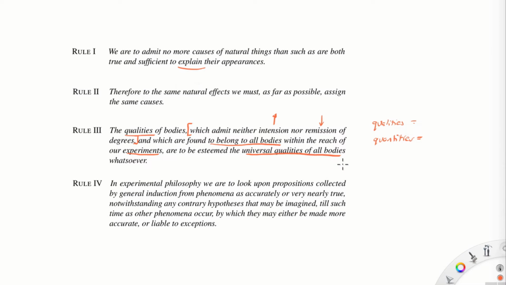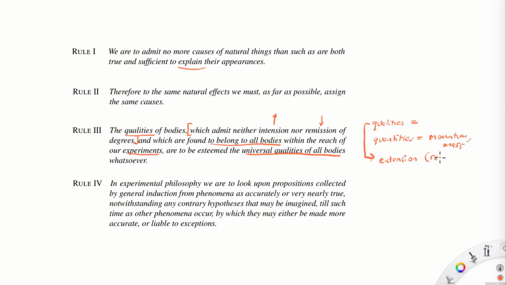Okay, so what are some examples he gives of qualities? So I just gave examples of quantities like momentum and mass. What about qualities? Well, they're things that cannot be increased or decreased. So for example, he says extension is an example of a quality. By extension, he means size.